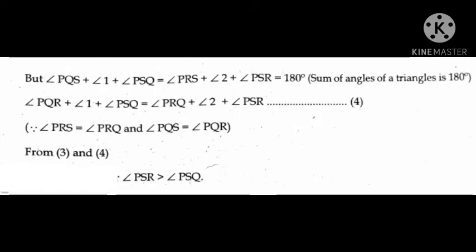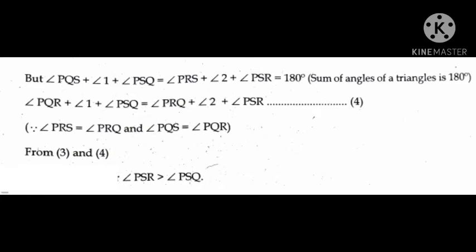But in triangle PQS, adding all the angles, angle PQS plus angle 1 plus angle PSQ is equal to 180 degrees. And observe the second triangle, triangle PSR. Adding all the angles, angle PSR plus angle 2 plus angle PRS is equal to 180 degrees, since the angle sum property of a triangle.